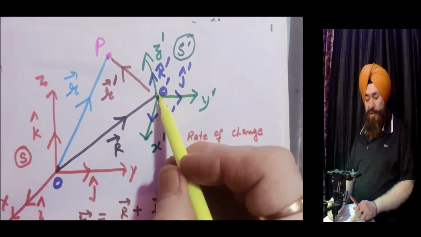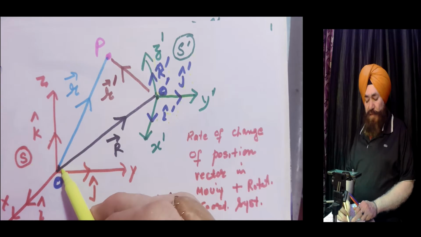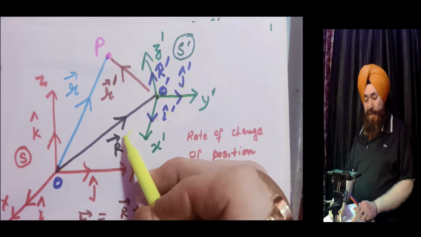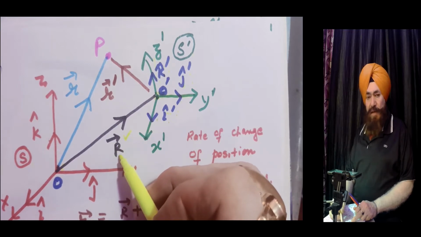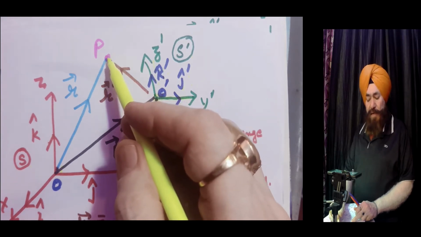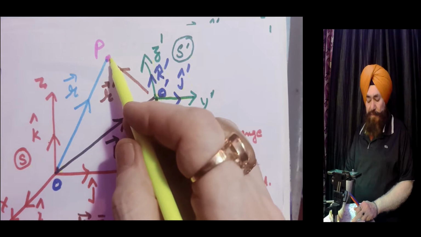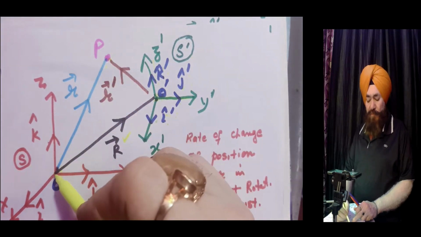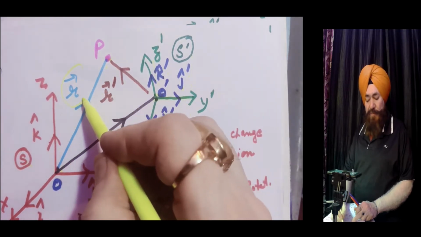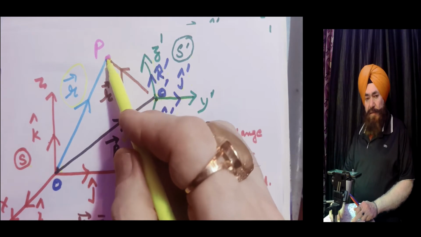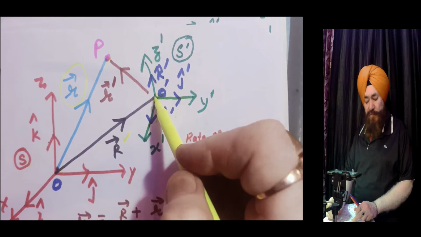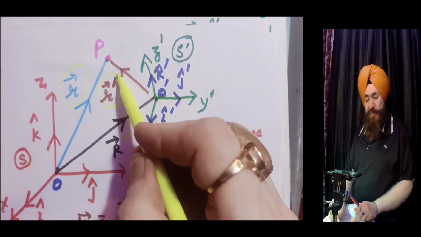Now the origin is O dash. From this origin to this origin, at any instant, the position vector is R vector. Here is any particle represented by a point P. Its position from the rest frame, S frame, is r vector, and the position of the same particle from the origin of the rotating frame is r dash vector.